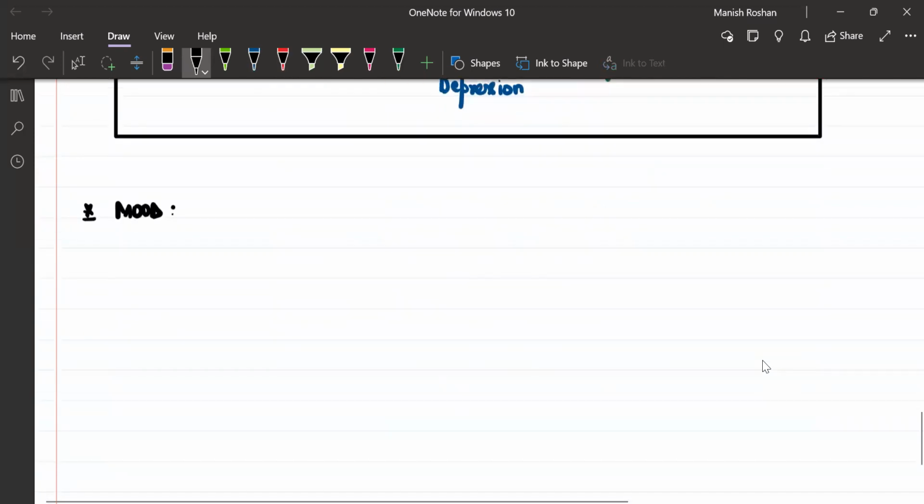Let's look into the mood. While describing mood, first you should understand what is mood and what is affect.